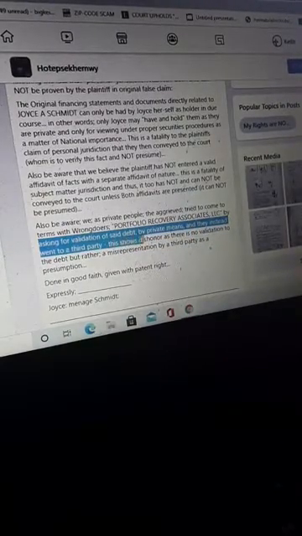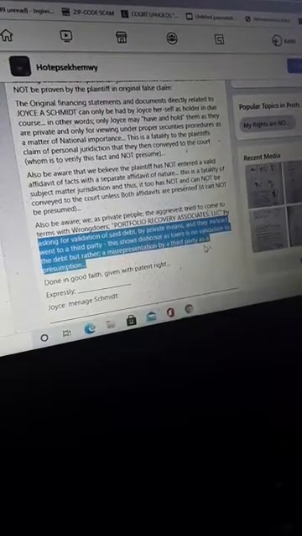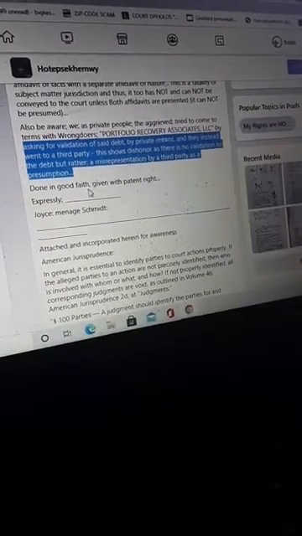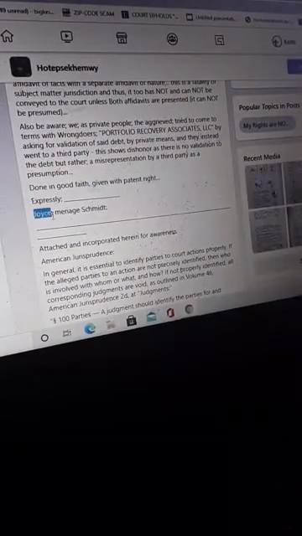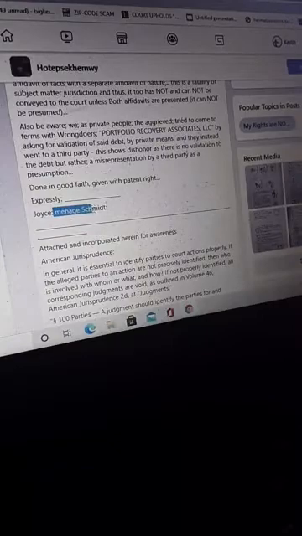This shows dishonor, as there is no validation to the debt, but rather a misrepresentation by a third party as a presumption. Done in good faith, given with patent right, expressly, Joyce Minaj Schmidt.